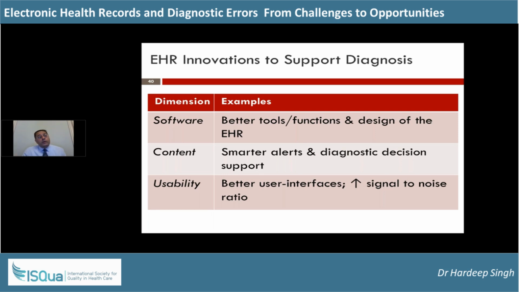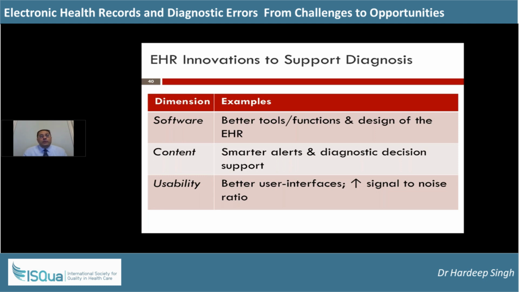We want that. We also want better content. So that means we want alerts that don't overburden us. We want decision support tools that are clinician-friendly. We also want better usability. So the signal-to-noise ratio in some of the electronic health records right now is pretty poor. We need better user interfaces.